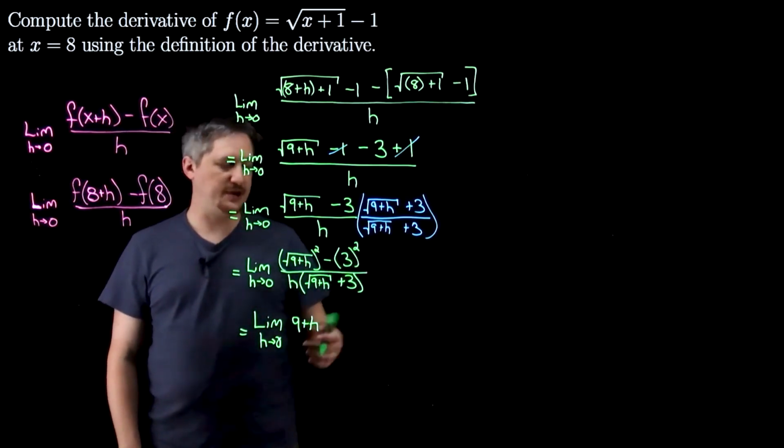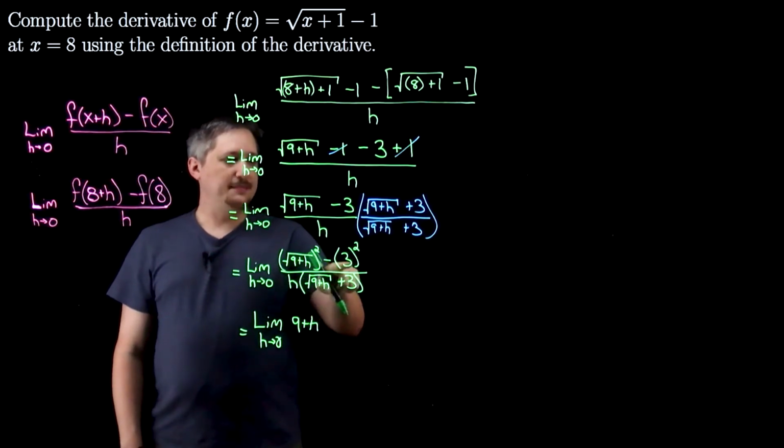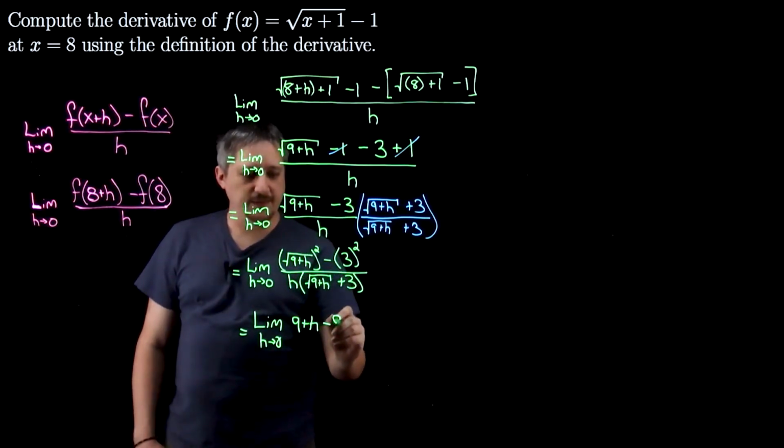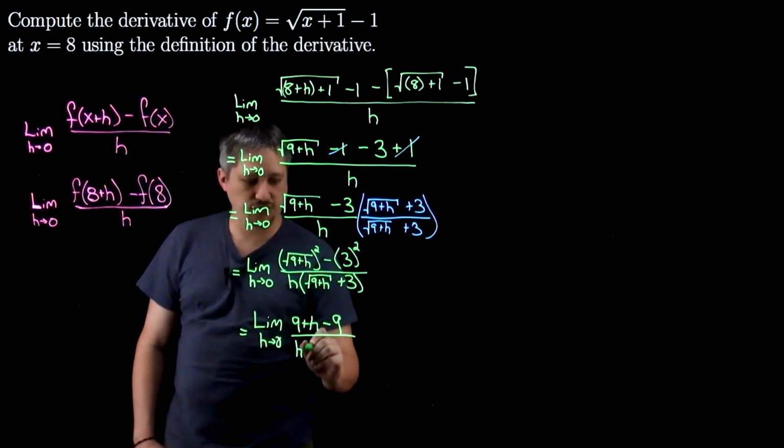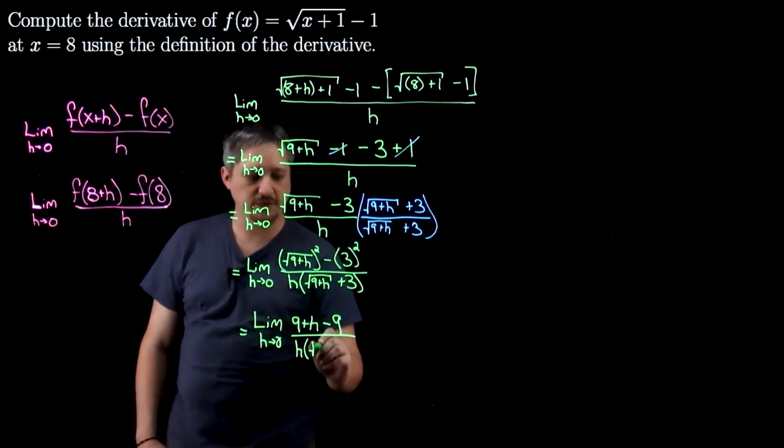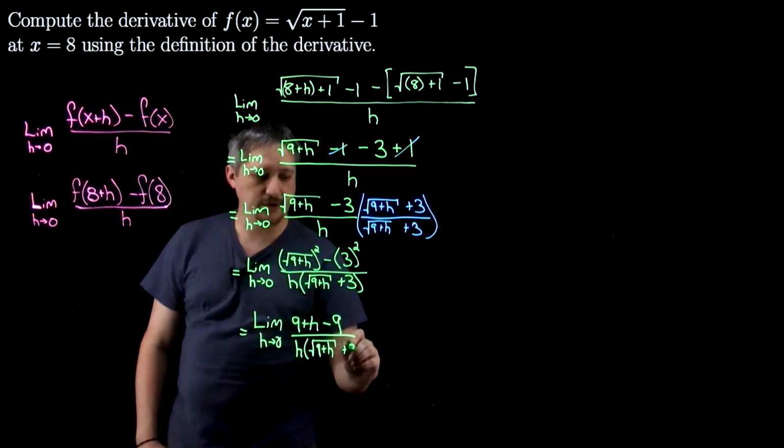It's going to overpower it and stay positive. But then I get minus 3 squared, so that's minus 9 over the same bottom, h times square root of 9 plus h plus 3.